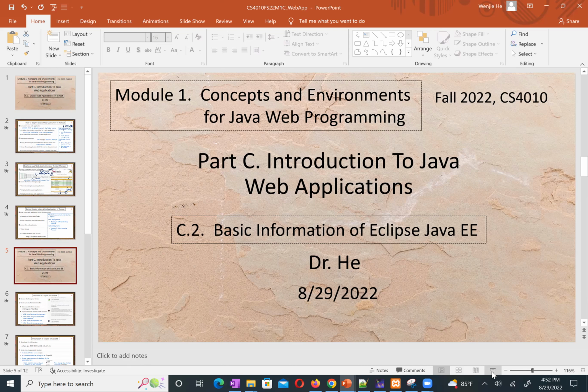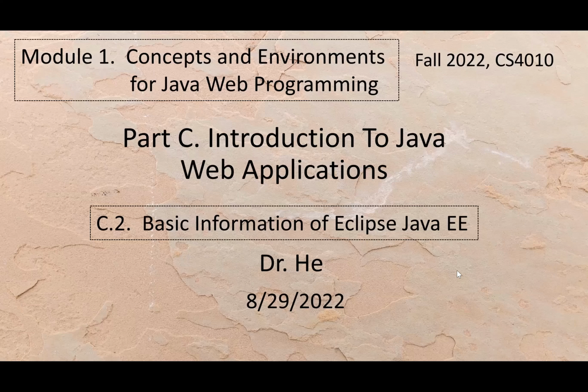We need to install and use this IDE. So in this part, I want to talk about installation and configuration, in order to use it to develop our Java projects, Java web projects.